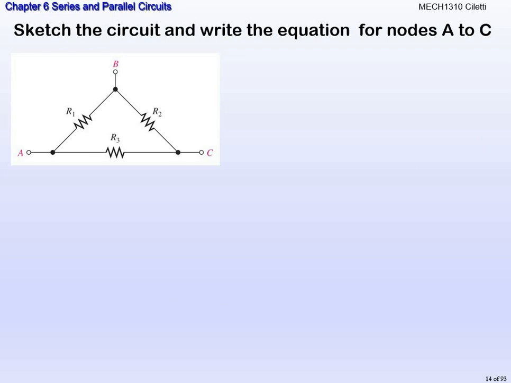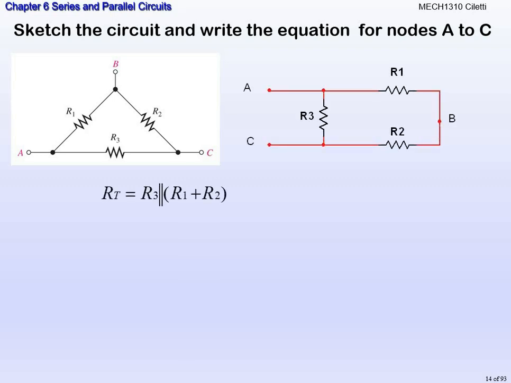Same exact original circuit, but now we're going to look from the perspective across terminals A and C. So if you turn your head and look up, if we plugged into A and C at the same time, what does this circuit look like? It changes the perspective of the circuit. Now, R3 is across the terminal AC, and R1 and R2 are in series. See how that changed from the previous one?